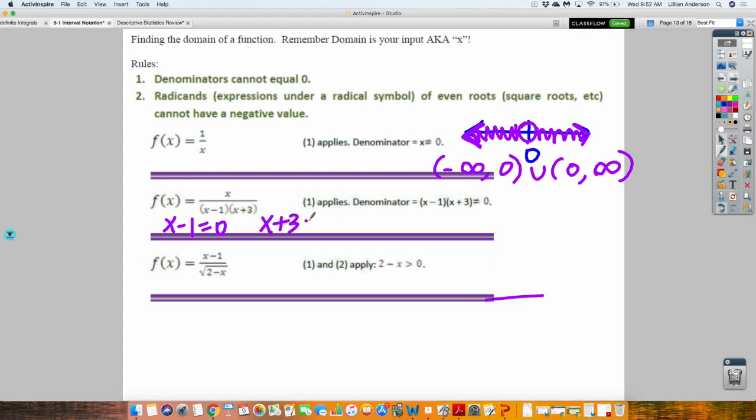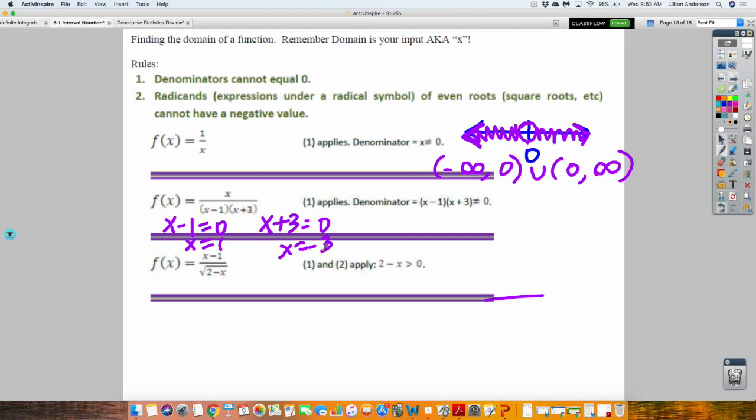What's x going to be here? 1. What about here? -3. So if I plug in 1, that's going to give me 0 in the denominator. If I plug in -3, that's going to give me 0 in the denominator.